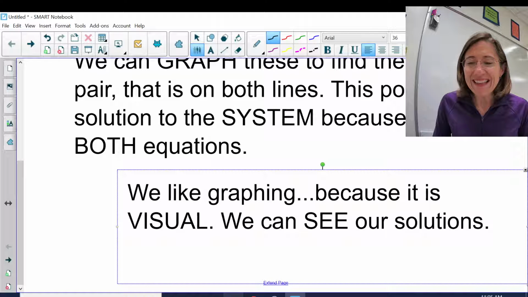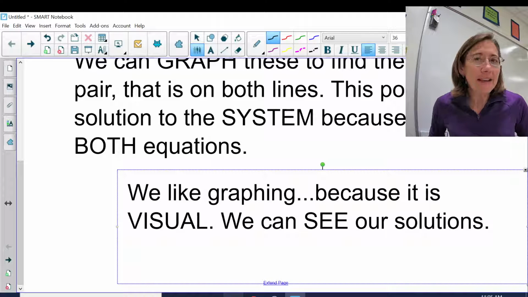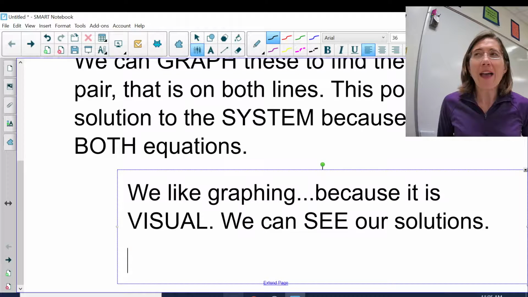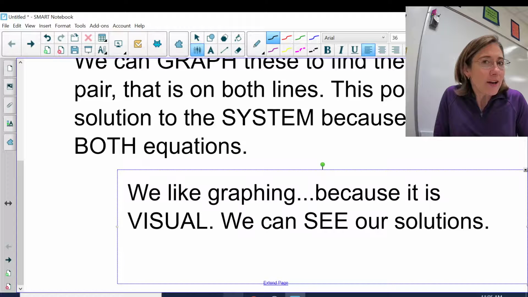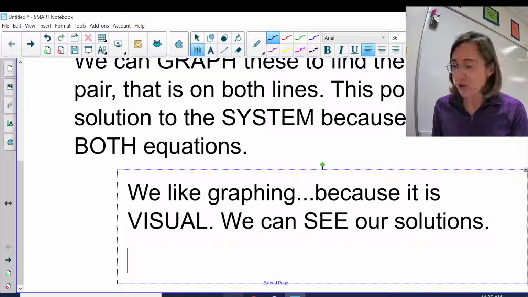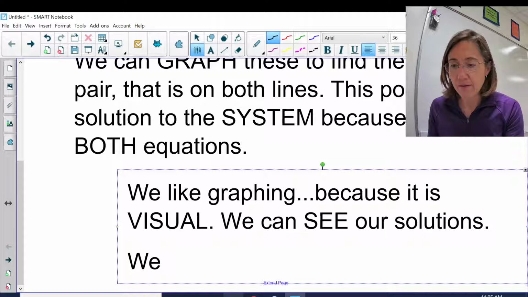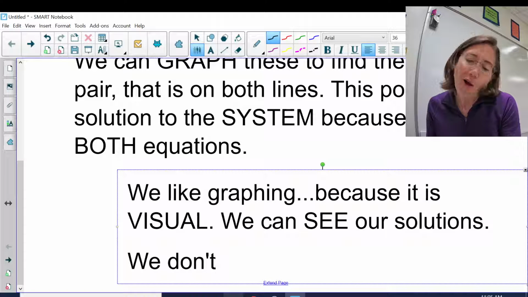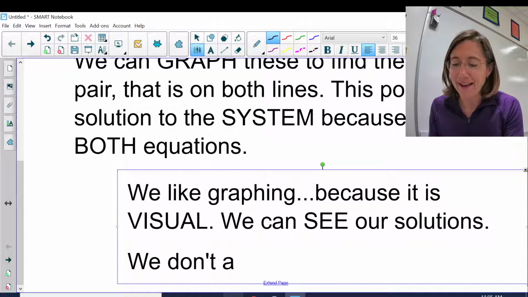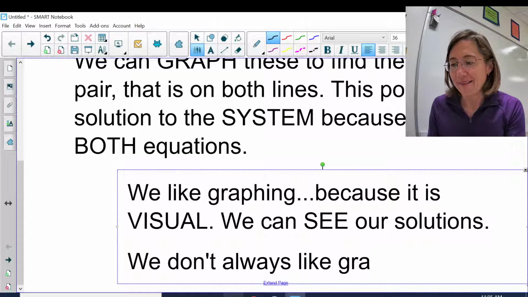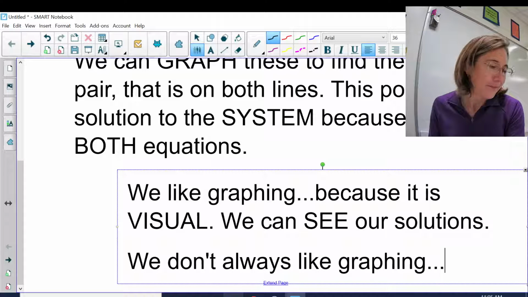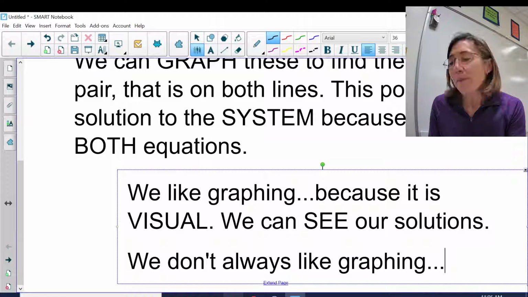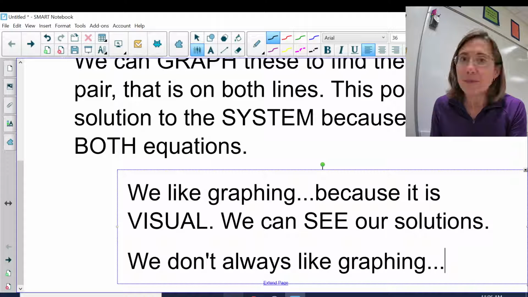Can you think of any reasons why you might not like graphing? Because I know a lot of you, when I say we're going to graph, are like, ooh. So we don't always like graphing. Because, let's face it, sometimes it's annoying to have to graph.